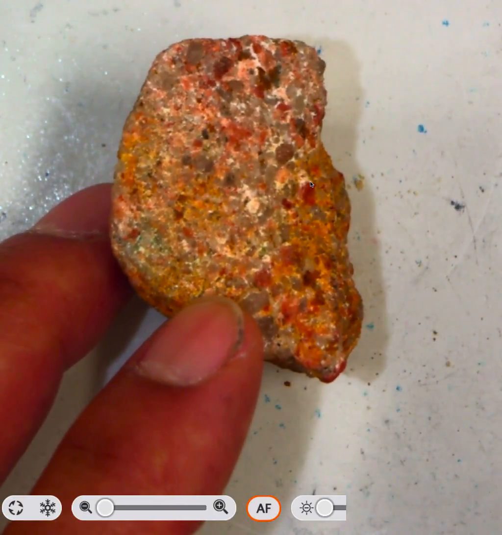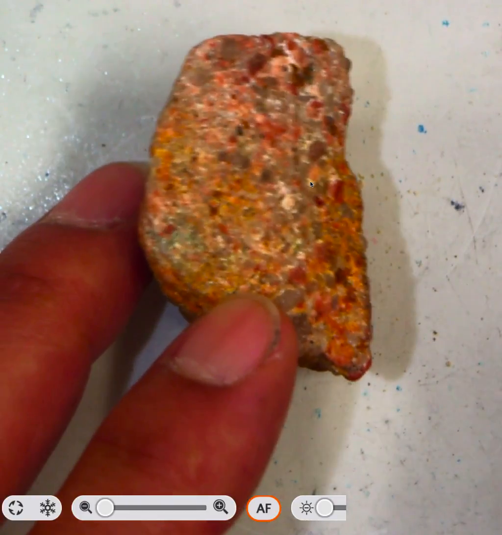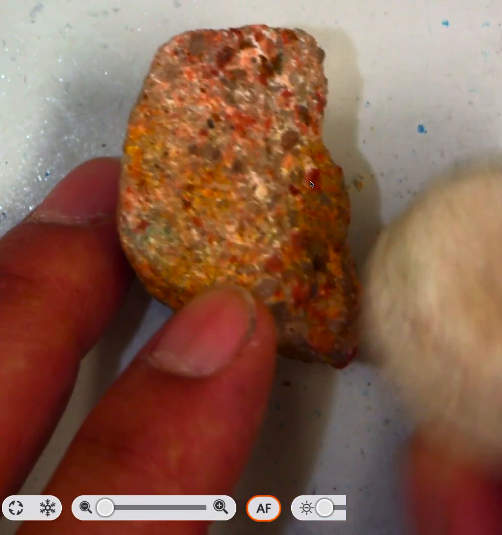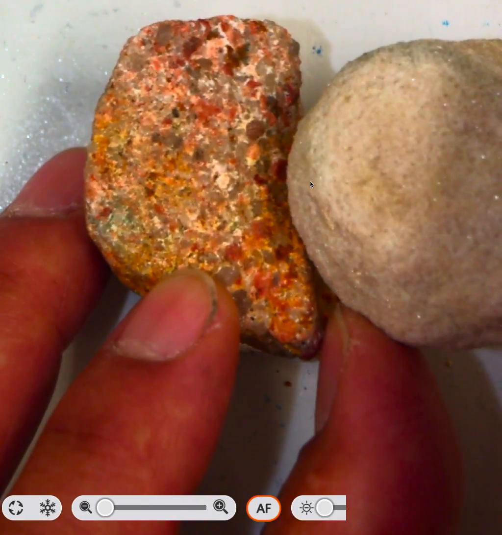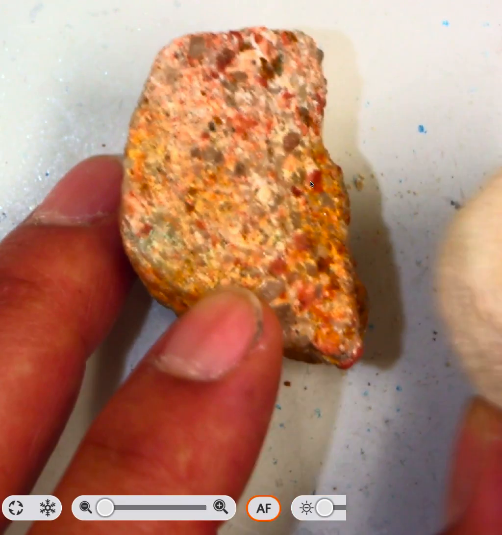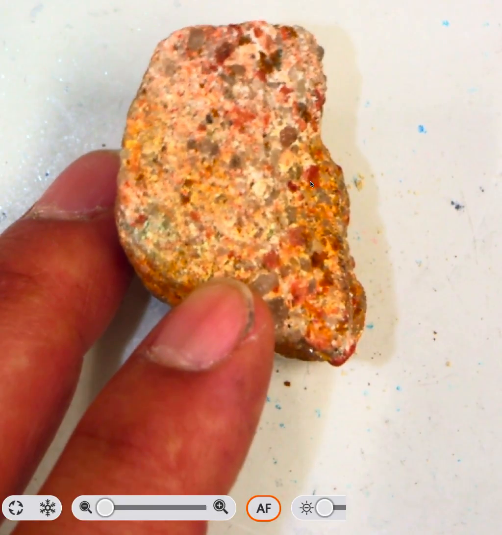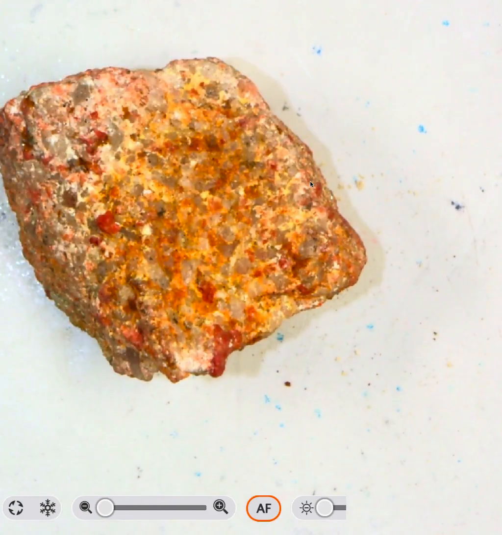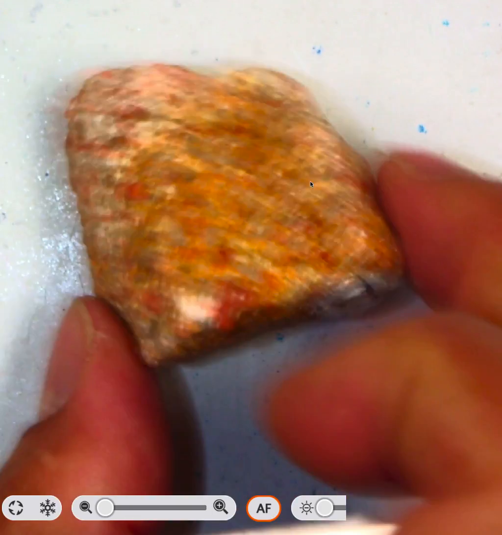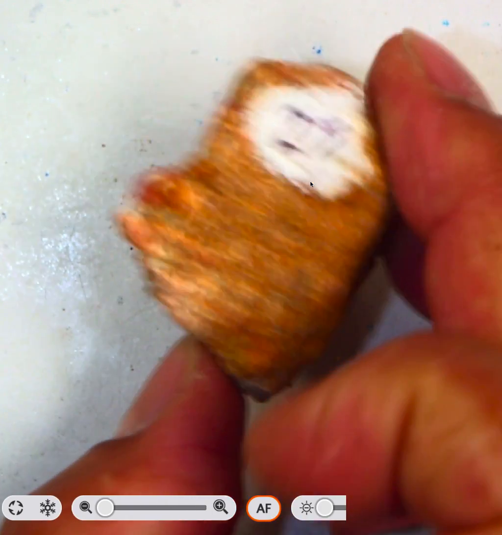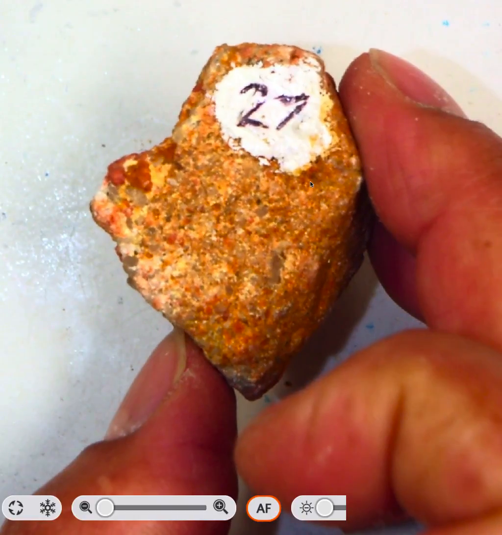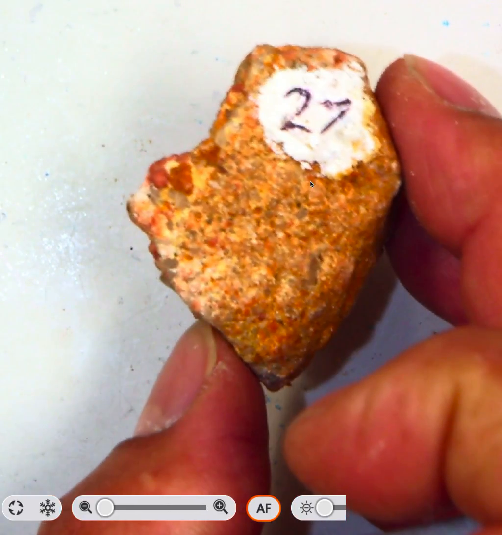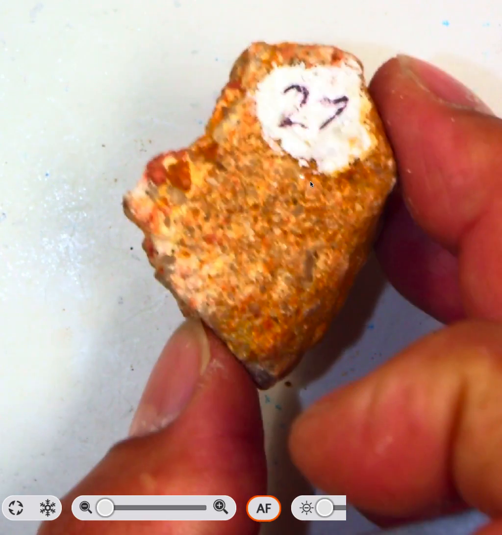And you can see there, in terms of sorting, it's not that well sorted compared to number 10. Number 10 is very well sorted, but this number 27 here is poorly sorted, right? So it's a little bit less mature than sample number 10. All right, so your job is to determine whether, again, it's siliciclastic or chemical or biochemical. And then if you think it's siliciclastic, determine the name for this sedimentary rock here.